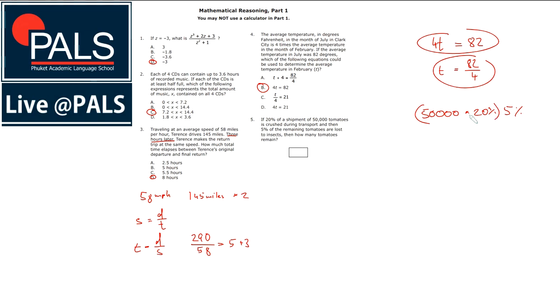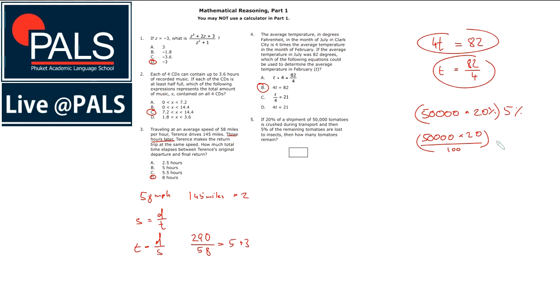So that is this. How do we do a percentage calculation? So we can rewrite this as times 20 divided by 100, and then times 5 the result, and divide that.